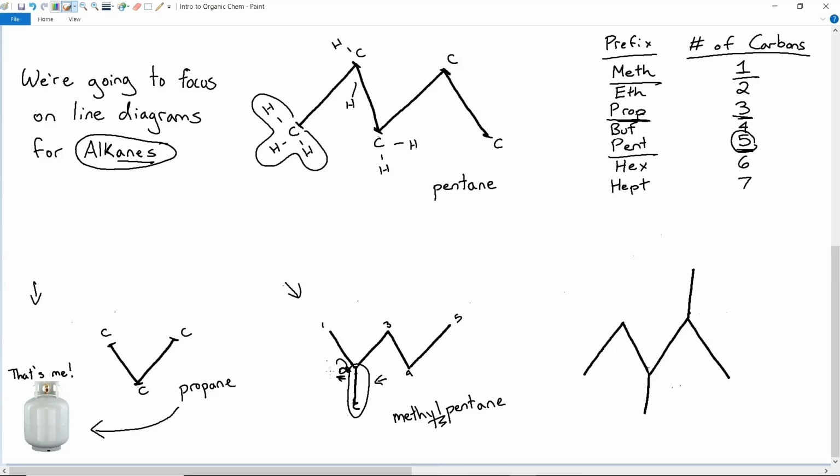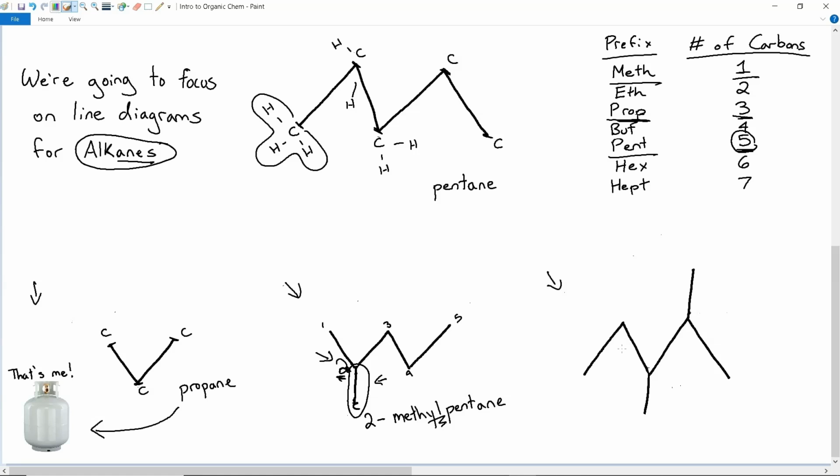And then finally, I need to specify where the branch is branching off from our main chain. It's branching off from our second carbon, so I'm going to say that this is 2-methyl pentane. Don't worry if the naming seems like a lot right now. With repetition and practice, you'll definitely get the hang of it. Let's try this next one.